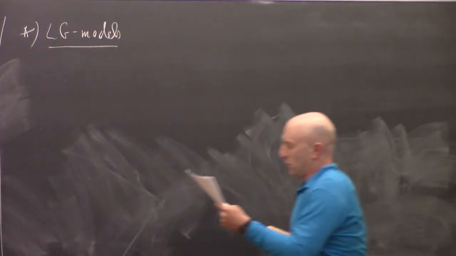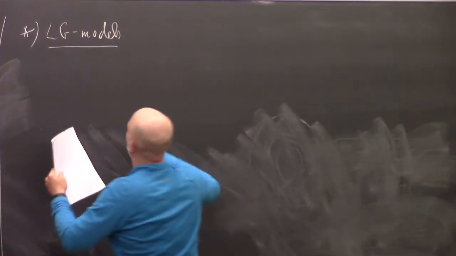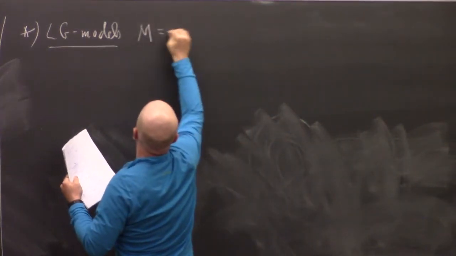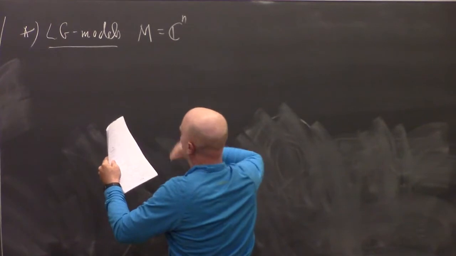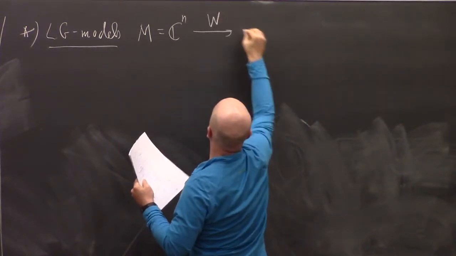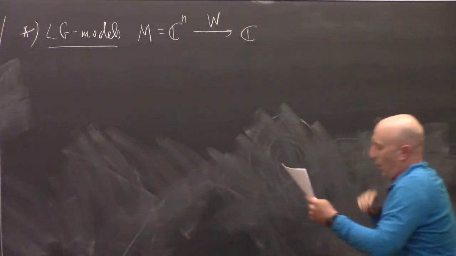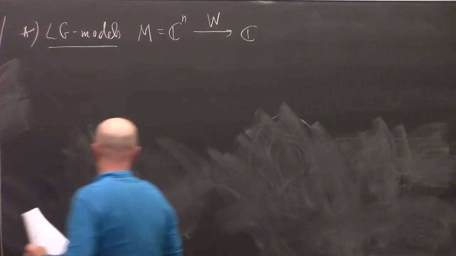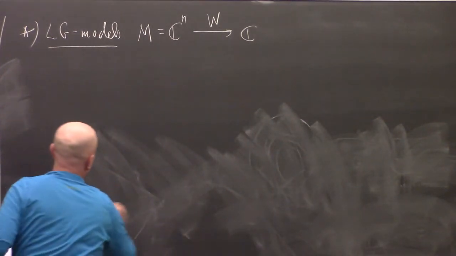There are lots of different generalities we can have in mind. Let me have in mind just the generality of M being, say, C^n, and then we have some superpotential W. The picture that we'll draw is, here's the W plane.